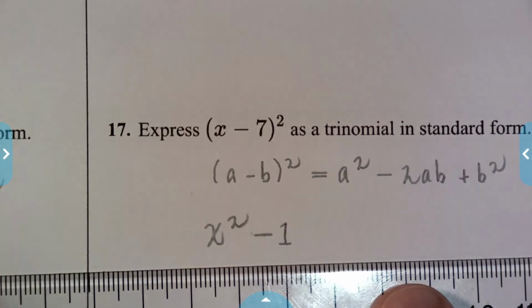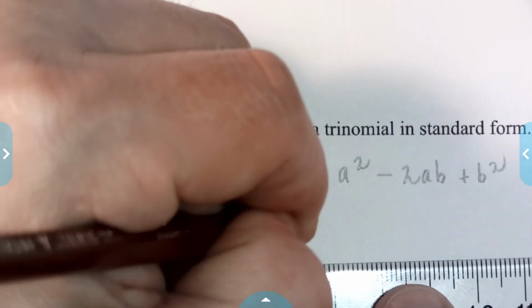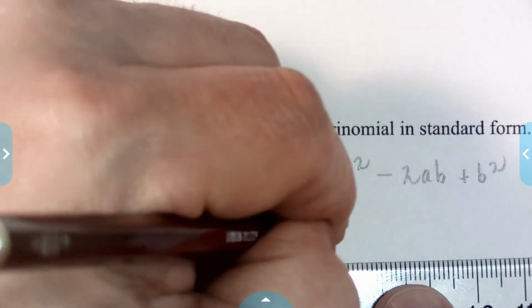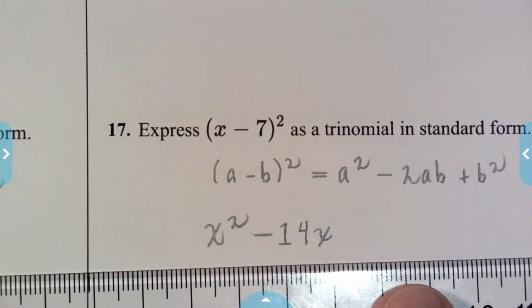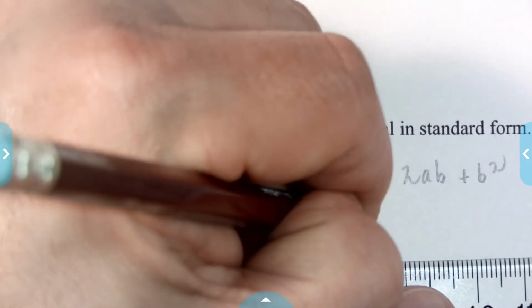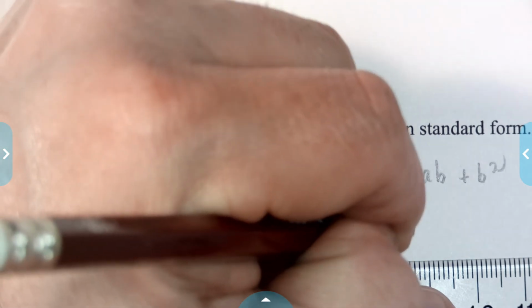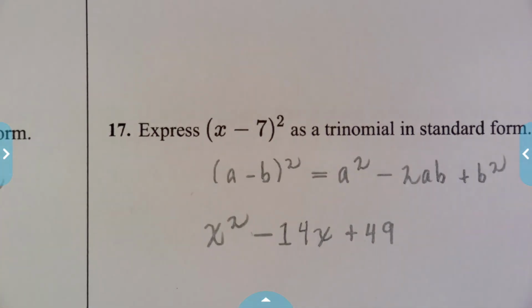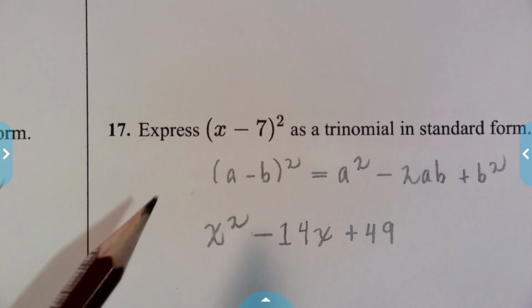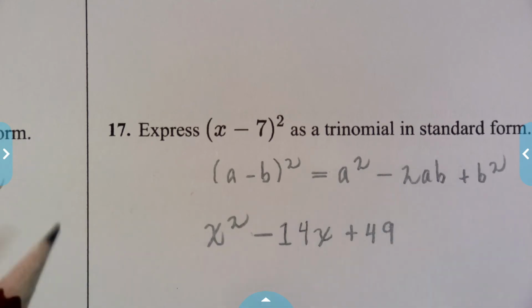I didn't say that right. It's x squared minus 14x and then plus 49. The way I was saying it was minus 2 times x times negative 7.